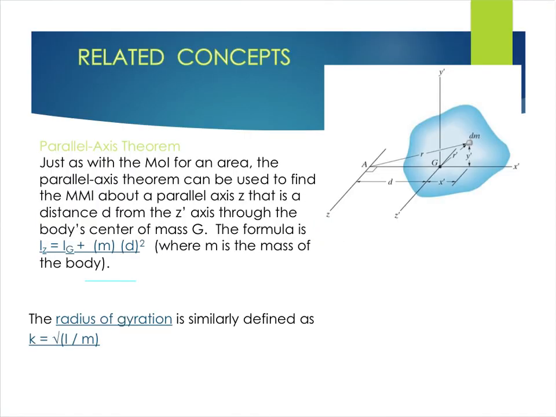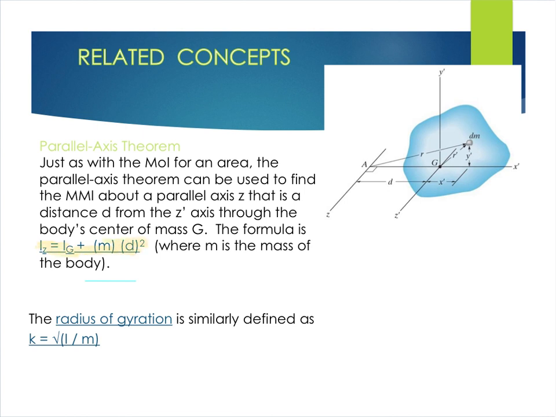Just like we saw with the area moment of inertia that we covered today, we have a parallel axis theorem for mass moment of inertia. It's basically exactly the same as what we found with the area.